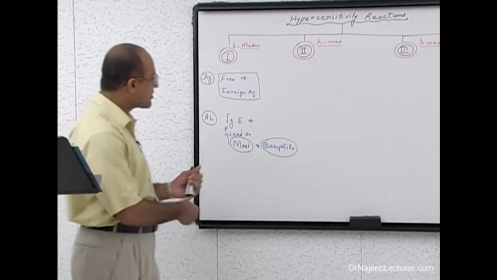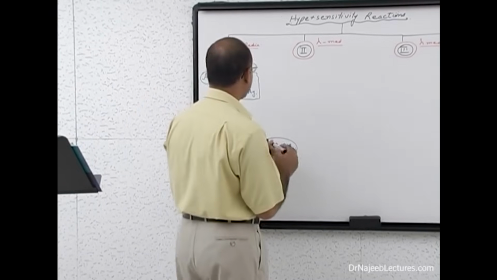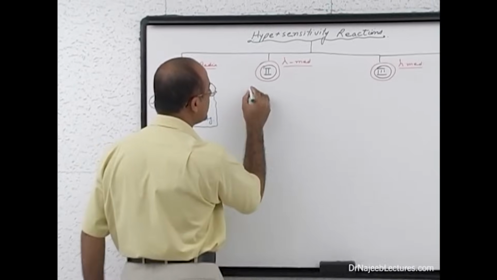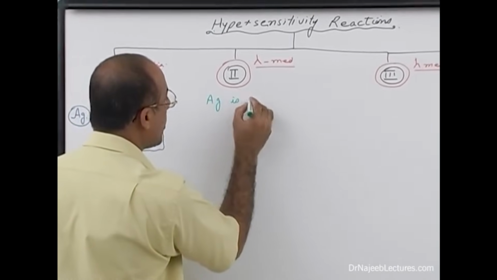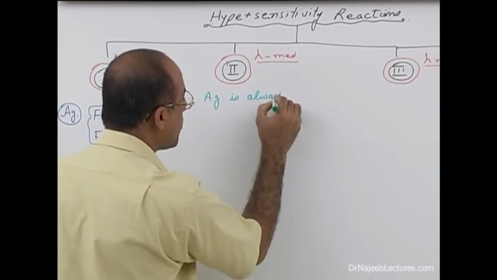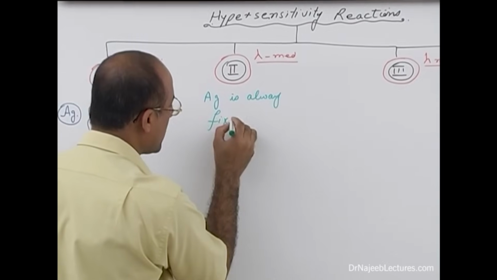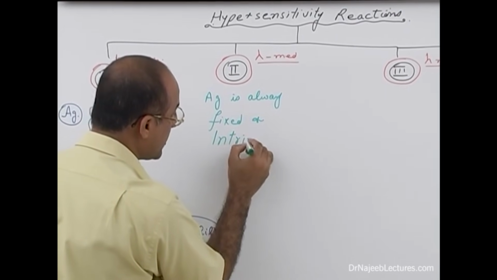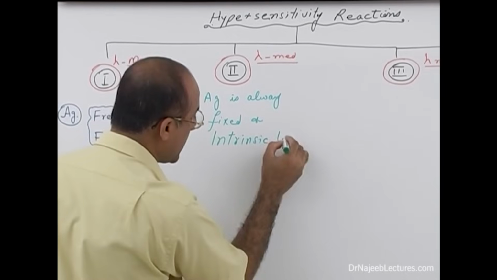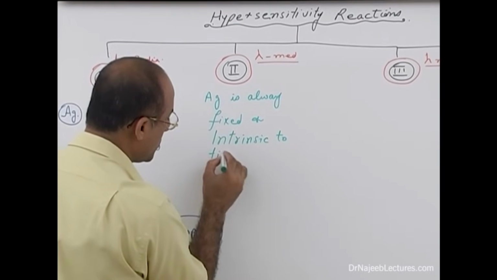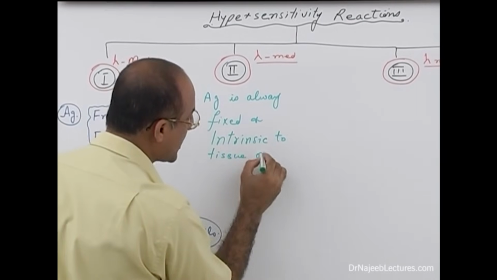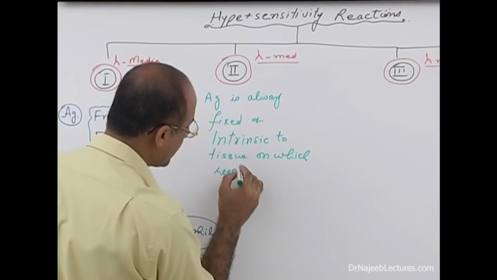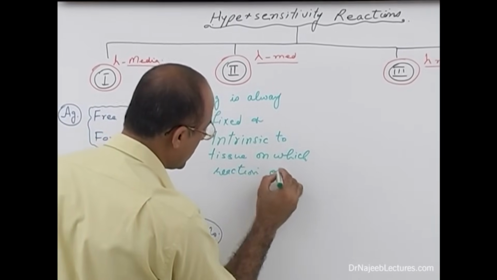Now let's come to type 2. In type 2 reaction, what really happens is that antigen is always fixed and intrinsic to the tissue on which the reaction occurs.